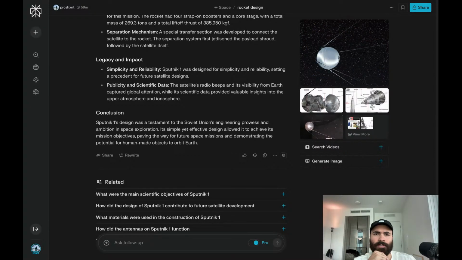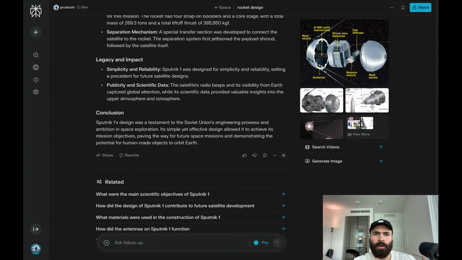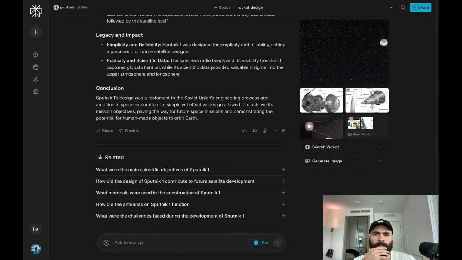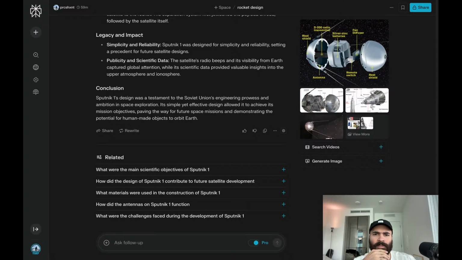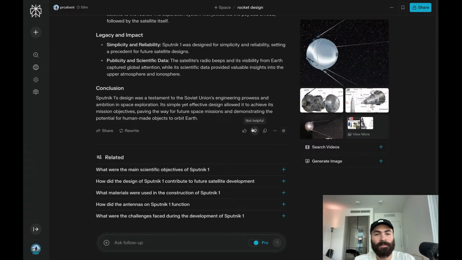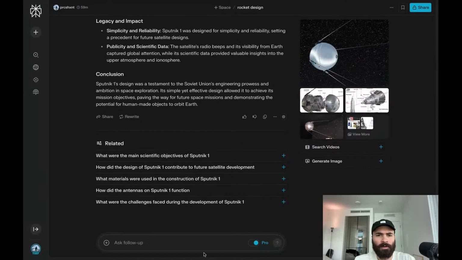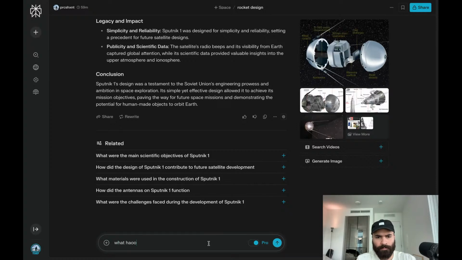The separation system first jettisoned the payload shroud, followed by the satellite itself, setting a precedent for future satellite design: simplicity and reliability. Radio beeps and visibility from Earth captured global attention, while its scientific data provided valuable insights into the upper atmosphere and ionosphere. Wow.